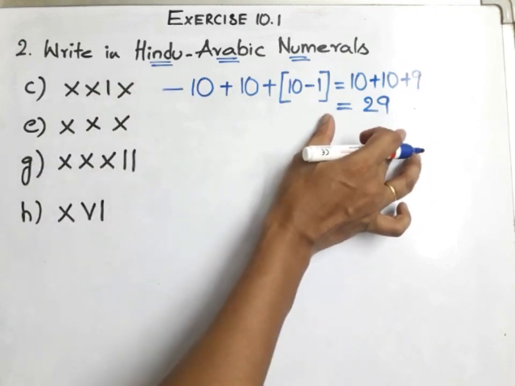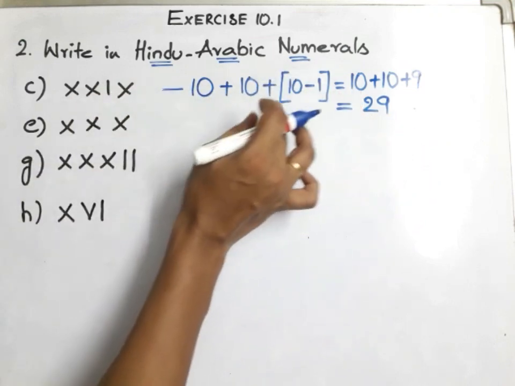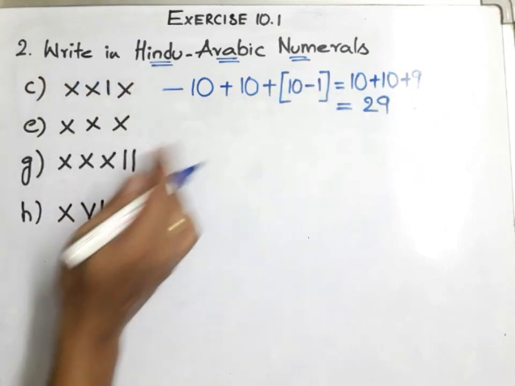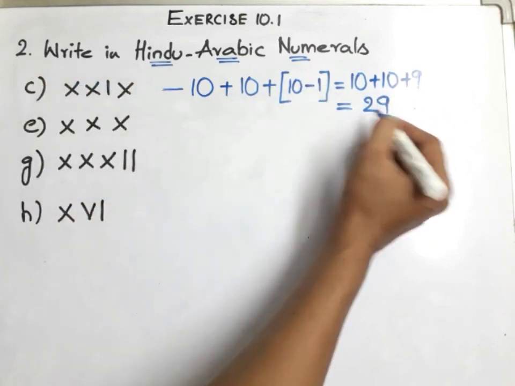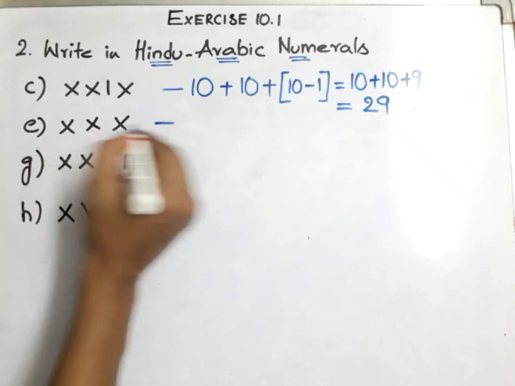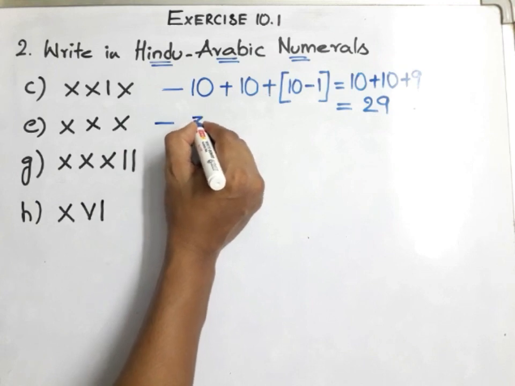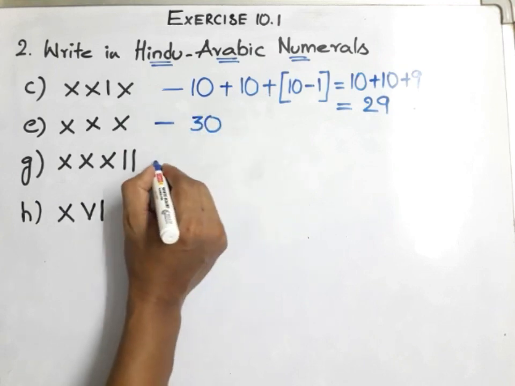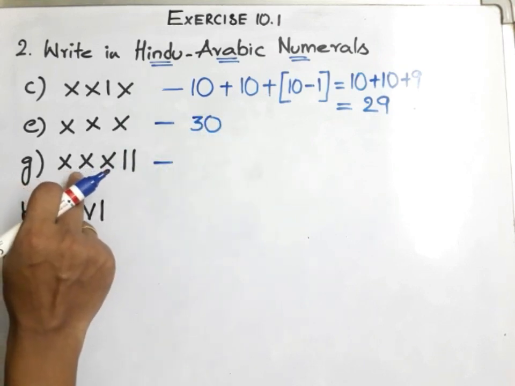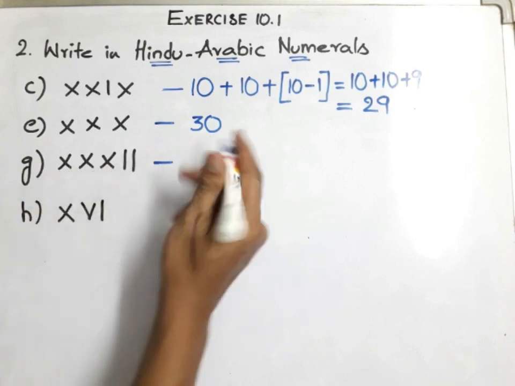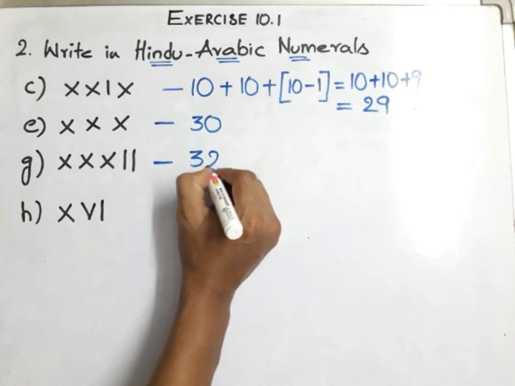Otherwise directly you can write. In the future classes, if you get any big numbers like this, this is the procedure you have to follow. Otherwise directly write 29. Next here, 10 plus 10 plus 10, 30. 30 plus 2, 32.